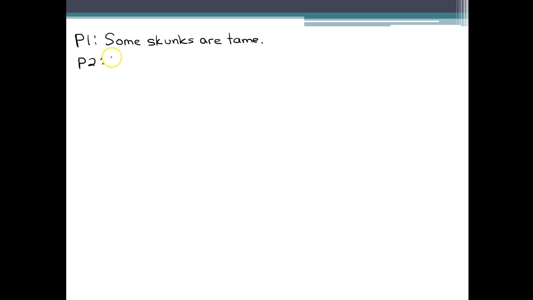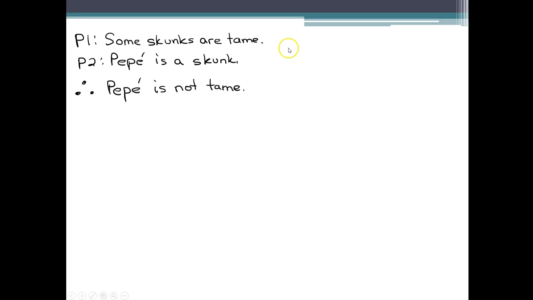Pepe is a skunk. Conclusion. Pepe is not tame. What the heck just happened?